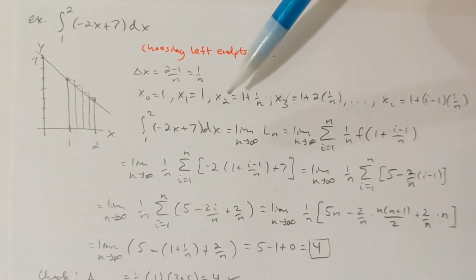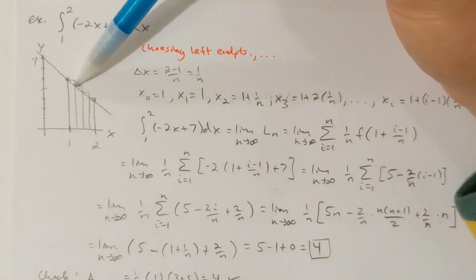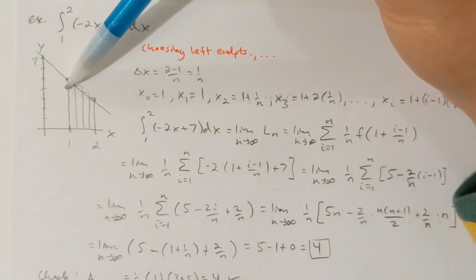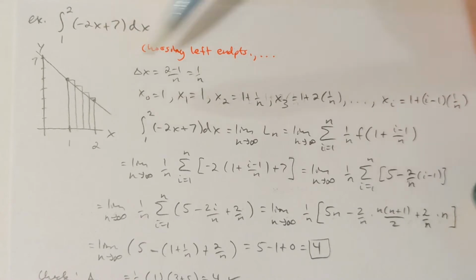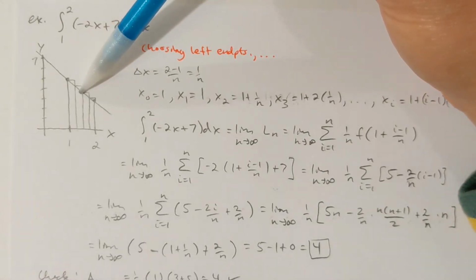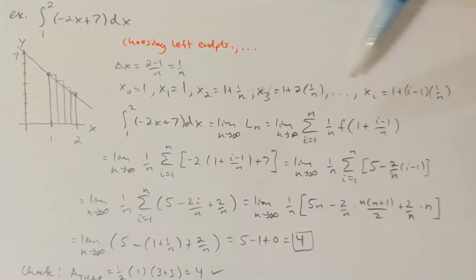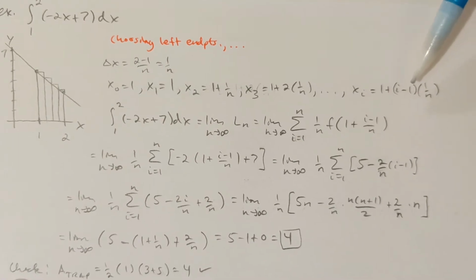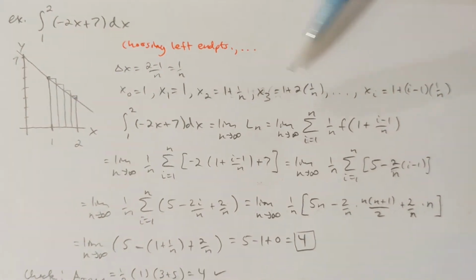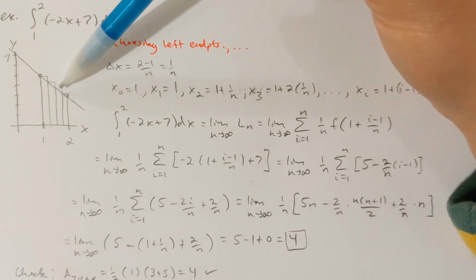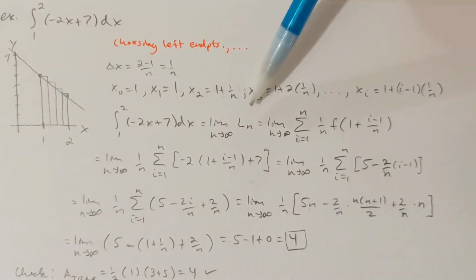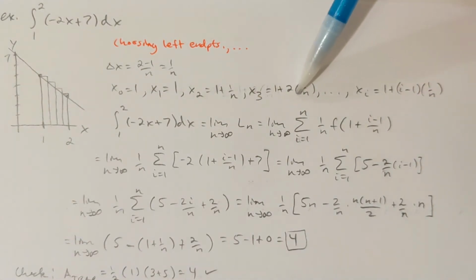That will always happen. x sub 2 would be where the next left endpoint occurs, and that's going to be one increment of the width away from 1, so 1 plus 1 over n. x sub 3 would be where the next left endpoint occurs, and that's going to be 2 increments of the width away from 1, etc. x sub i would be where you're starting at 1, and you're going to be i minus 1 increments of the width away from 1. At least that's what we see in the pattern when we compare this multiplier to the subscript, it's 1 less each time.